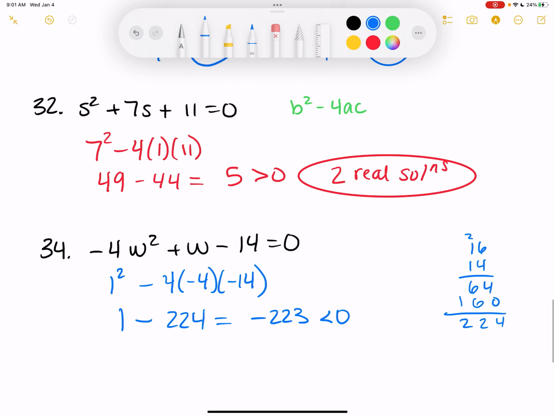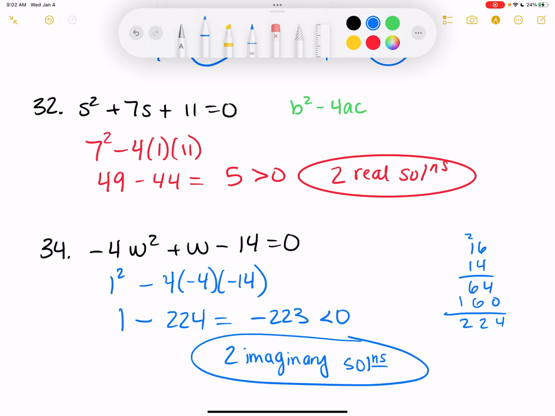So what does that mean? No real solutions. How many? 1, 0, 2. 2 imaginary solutions. That was kind of close.